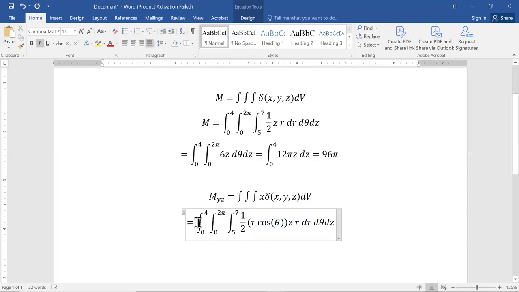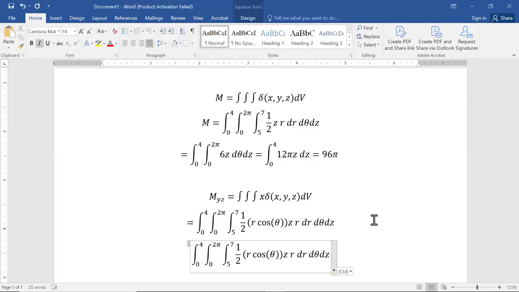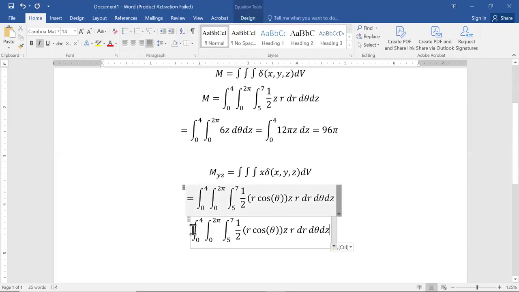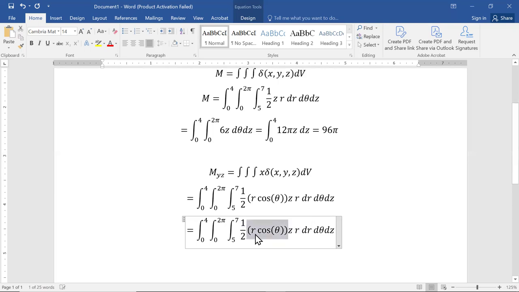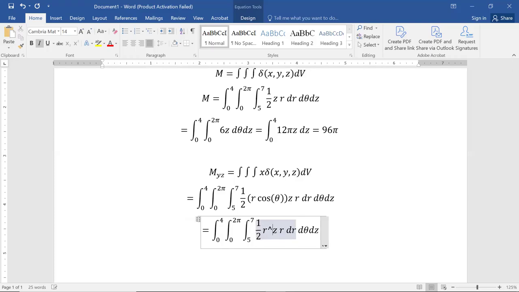Now I'm going to do a little trick because I know kind of how this is going to turn out. I'm going to integrate that same thing, but in a different order. We have r squared times z times cosine of theta.